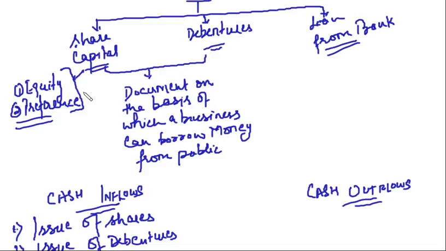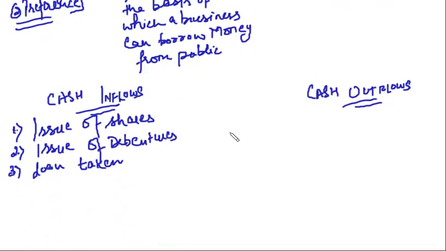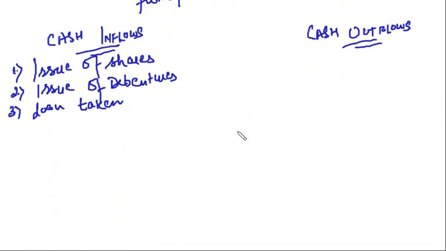Clear? Public to whom we have issued that document of share capital, they can ask for their money. It is their money that we are using in our business as capital. Clear? So that is a cash outflow. We have to pay money to the public. It is their money. We can't deny them their money.